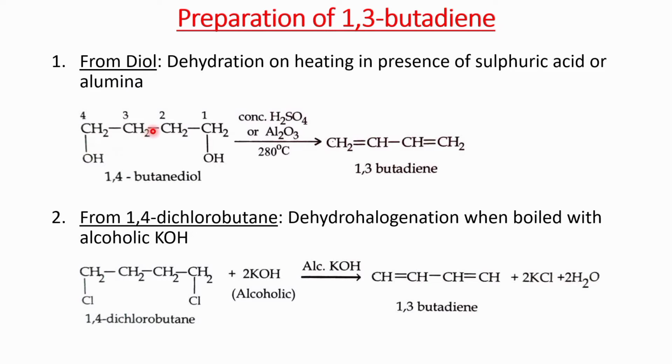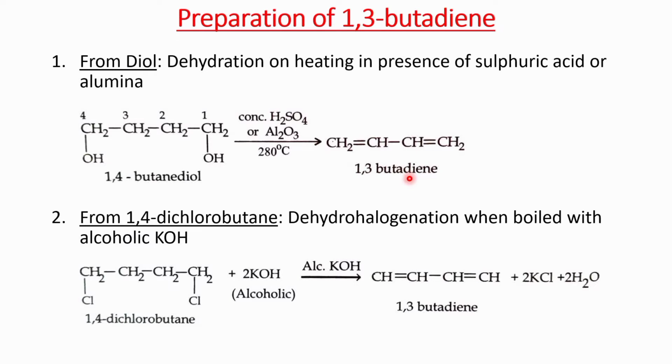That means this OH group gets extracted along with one of these hydrogens, forming a water molecule, and at the first position also this OH group and hydrogen get eliminated to form another water molecule. So two double bonds are formed in this compound, which is 1,3-butadiene.